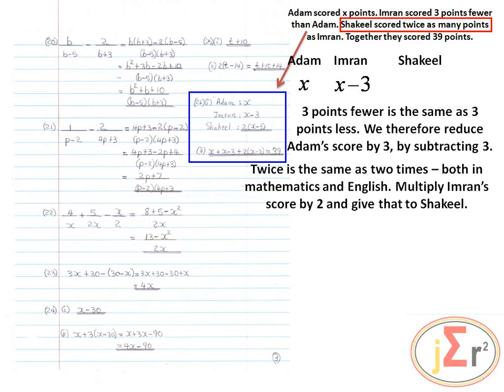Multiply Imran's score by 2 and give that to Shakil. So Shakil scored 2 times as many points as Imran. Take Imran's points, multiply that by 2, and hand them to Shakil, and that is what we get.